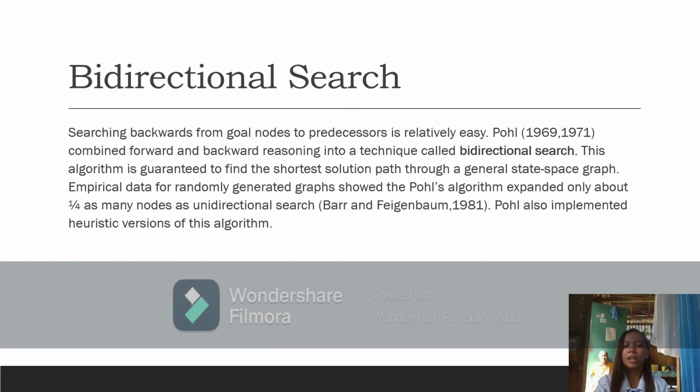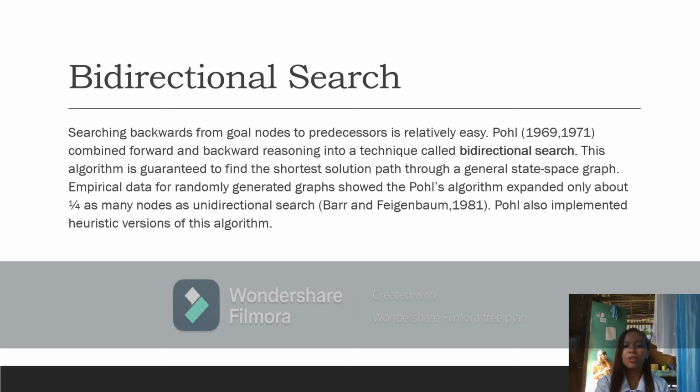The last method is the bidirectional search. To this point, all search algorithms discussed, with the exception of means-ends analysis and backtracking, have been based on forward reasoning. Searching backwards from goal nodes to predecessors is relatively easy. We can combine forward and backward reasoning into a technique called bidirectional search.